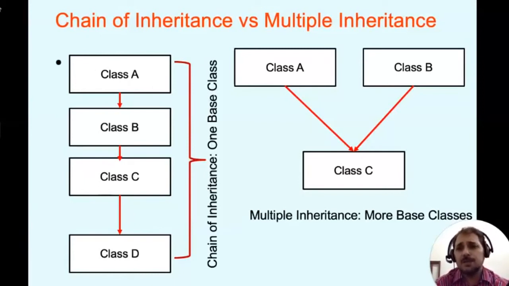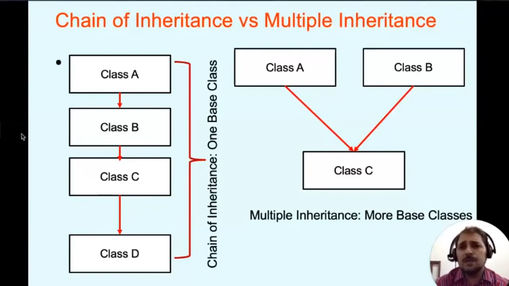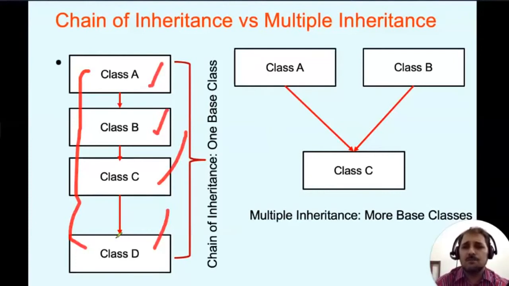Why? Because in the left one we have a class A and a class B. Class B is derived from A, class C is derived from B, and class D is derived from C. So in this chain, every class has one base class.